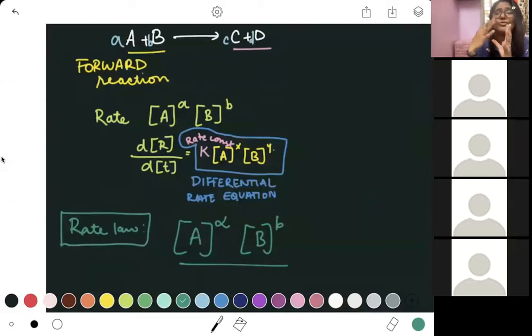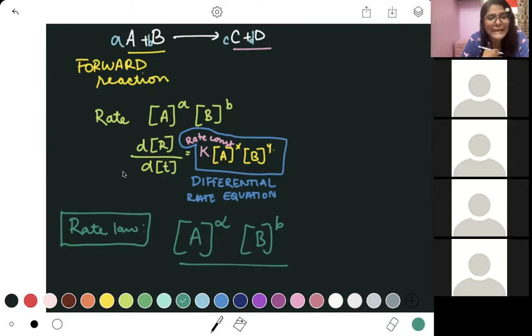With their stoichiometric coefficients, which are going to play an important part in making a balanced chemical equation. If you wanted to write down the rate reaction for this particular equation, what you would need to complete that part is the molar concentrations as well as the stoichiometric coefficients of each one of your reactants.